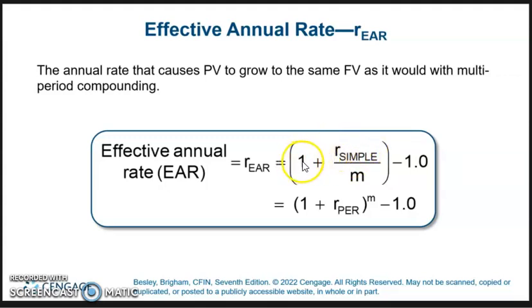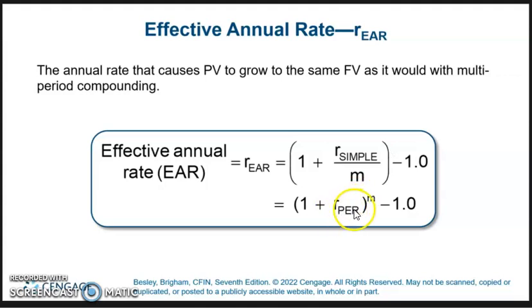So 1 plus the R simple divided by the number of compound periods, and then we need this to the power, in this case, to the M power.